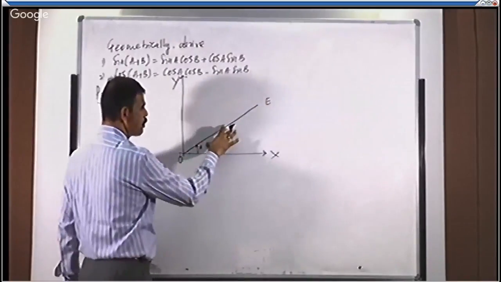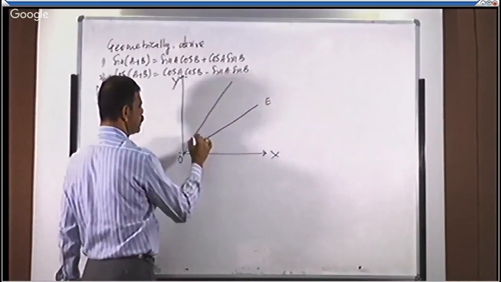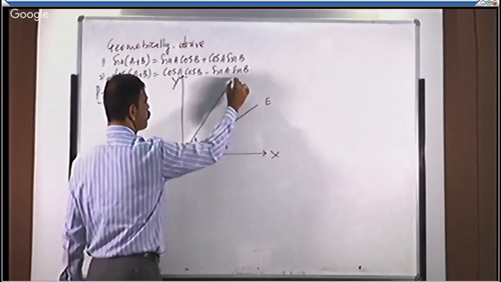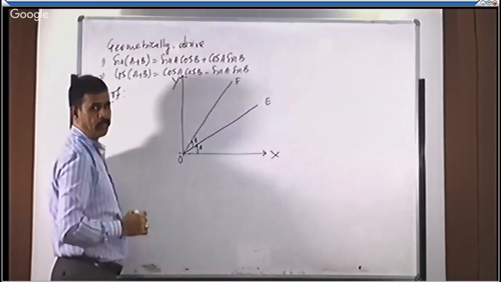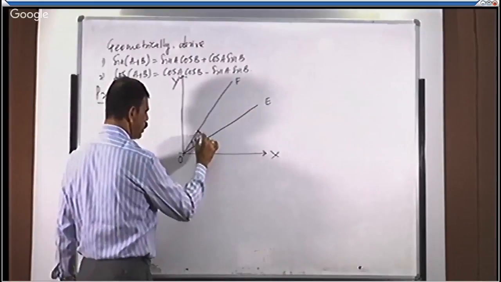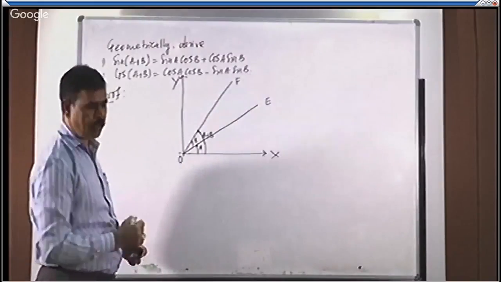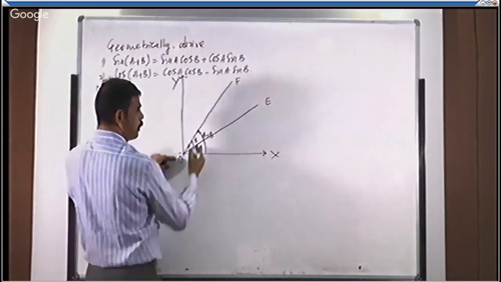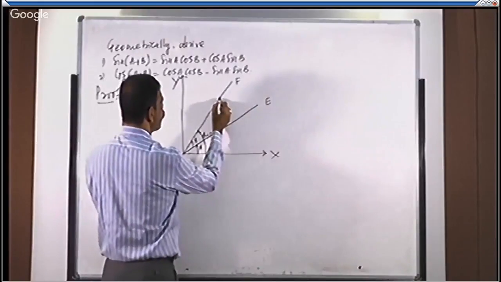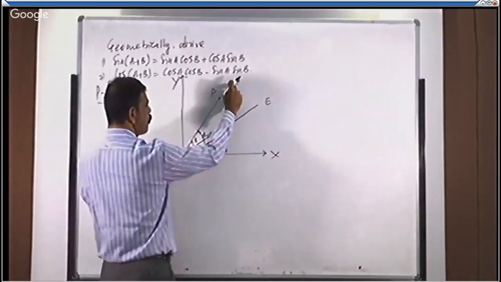And this line of vector further rotates to make another amount of angle, and that angle is B. So the line of vector acquires a new position, that is OF. What is the total angle? The total angle is A plus B, right? This is said to be the terminal line. On the terminal line, choose a point P. Let P be any point on OF.